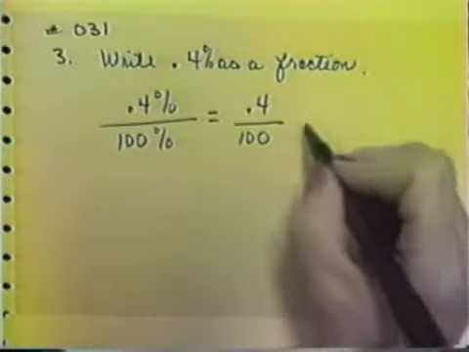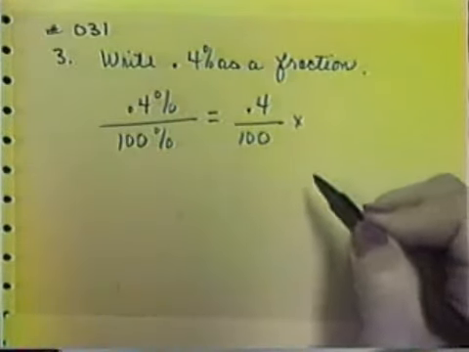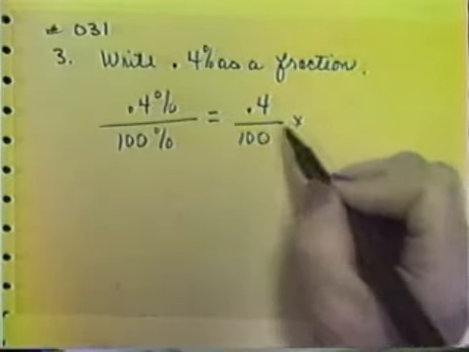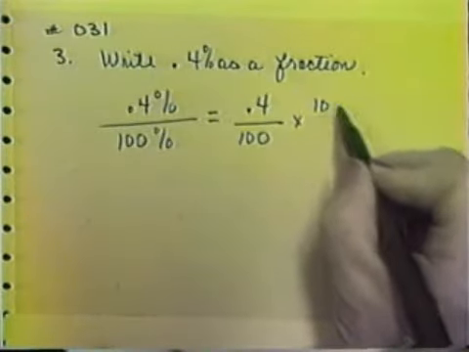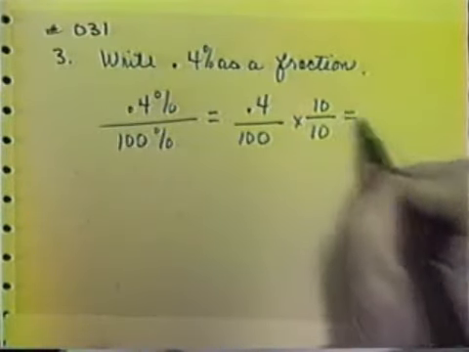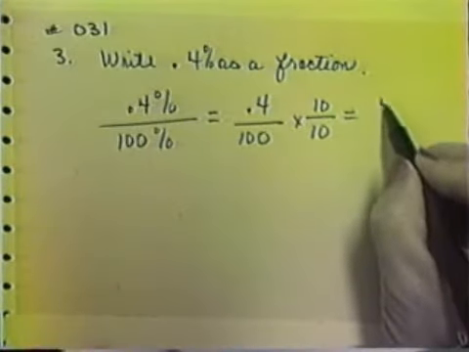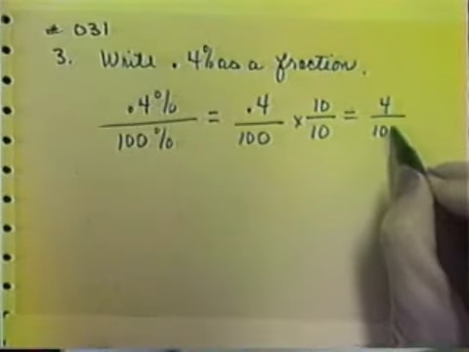So we multiply by the power of 10, however many decimal places we have. So we're going to multiply by 10 over 10. 0.4 times 10 is 4, and 100 times 10 is 1,000.